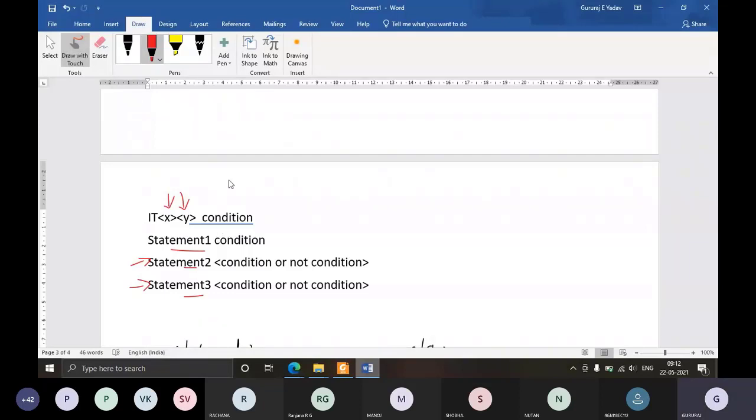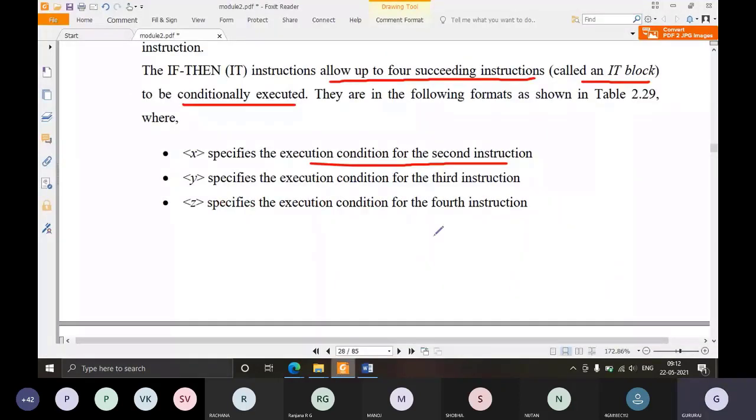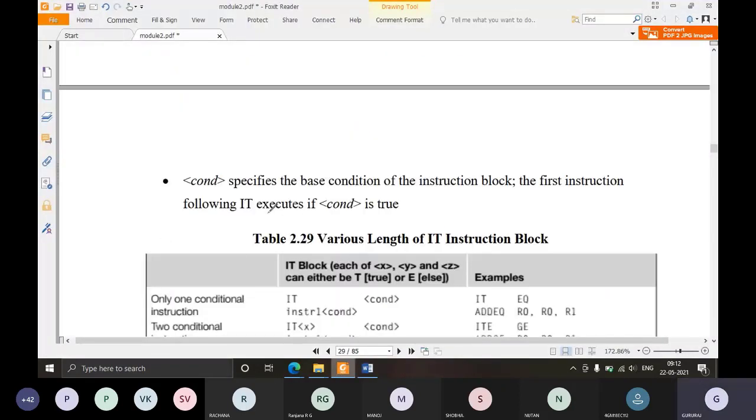That is, whether statement 3 should execute when the condition of IT is true, or when the condition of IT is false. So that is the use of X, Y, and Z. They can take the values T, meaning then or true, or E, meaning false or else.